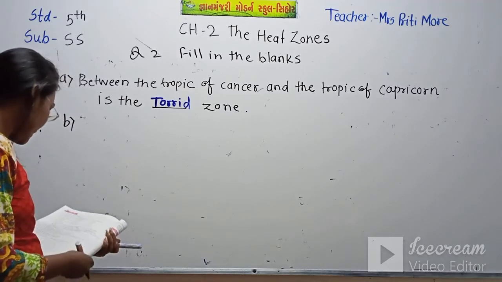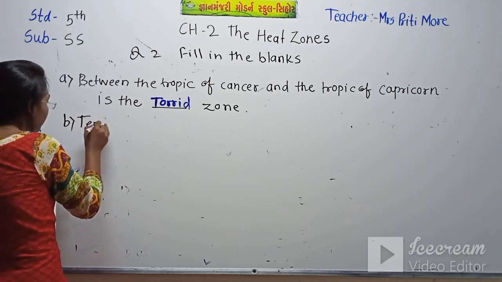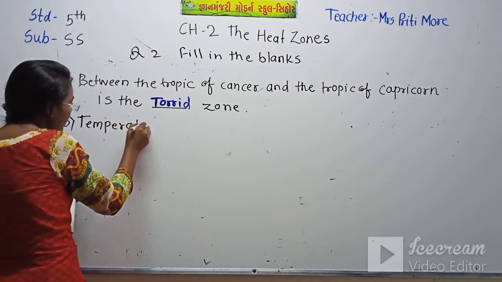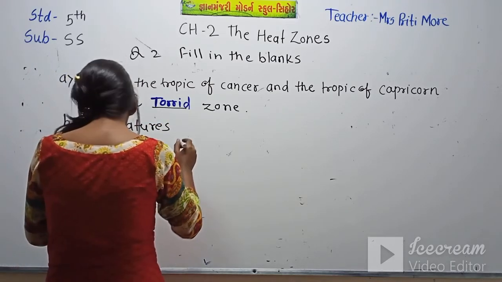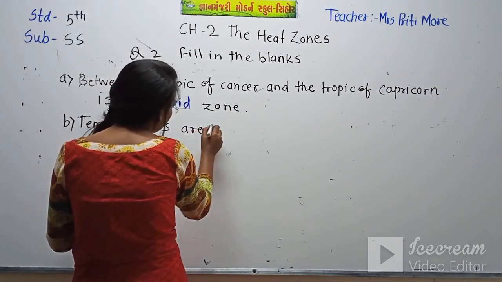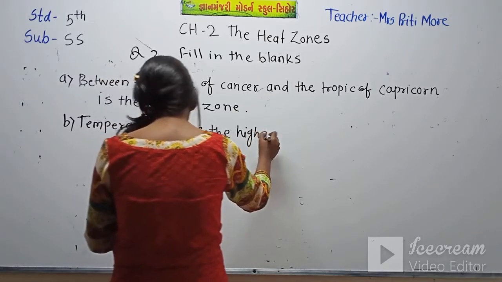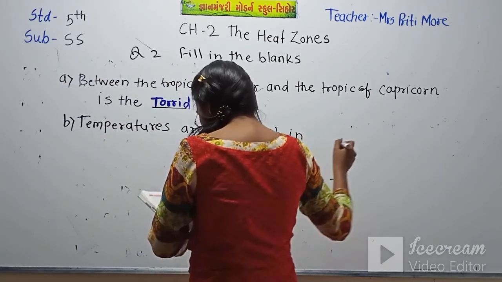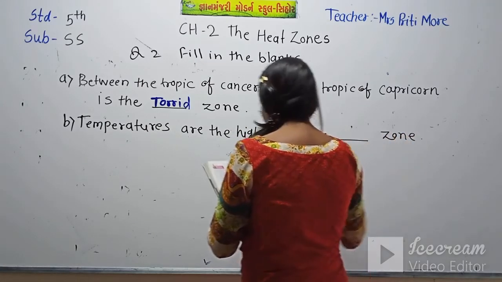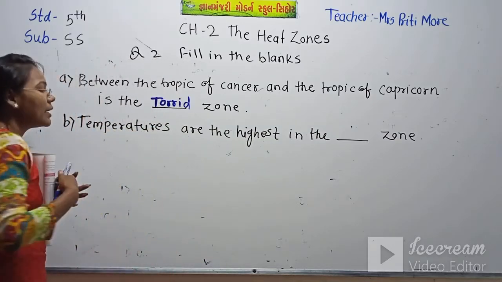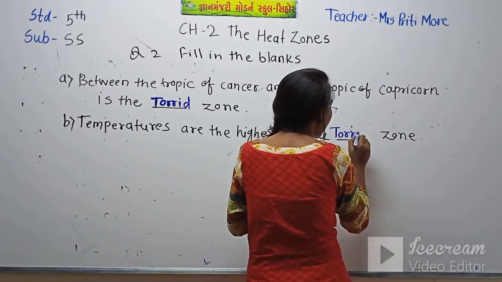Now B. Temperatures are the highest in the blank space zone, where we can see the highest temperature, very hotness, in the torrid zone. Again, the answer is torrid zone.